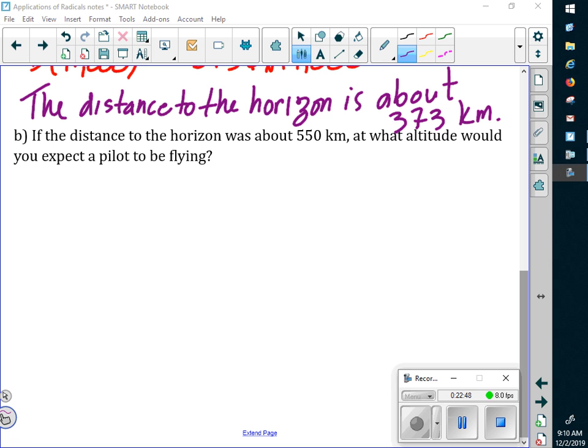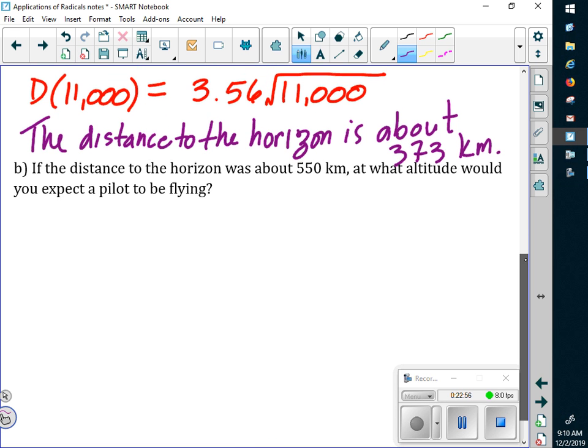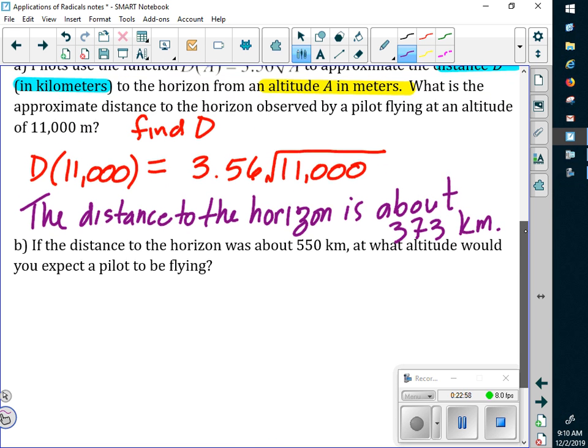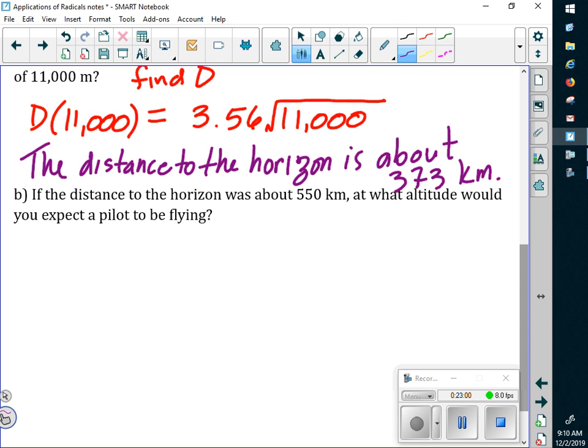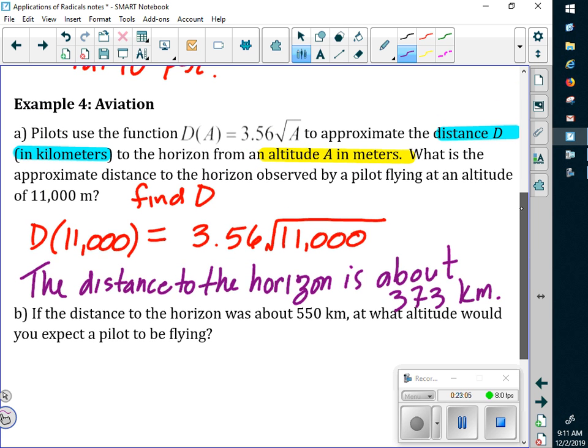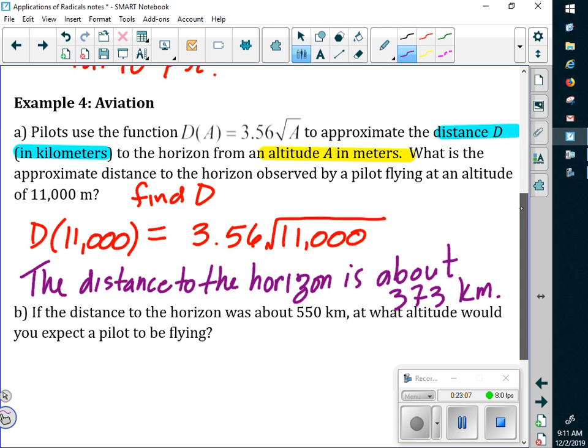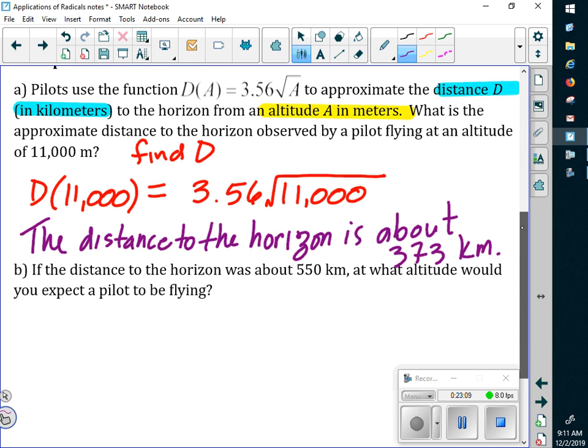If the distance to the horizon is about 550 kilometers, at what altitude would you expect the pilot to be flying? Which of the variables am I looking for if I know the distance to the horizon is 550 kilometers? I'm looking for the altitude. So what equation am I going to write down?